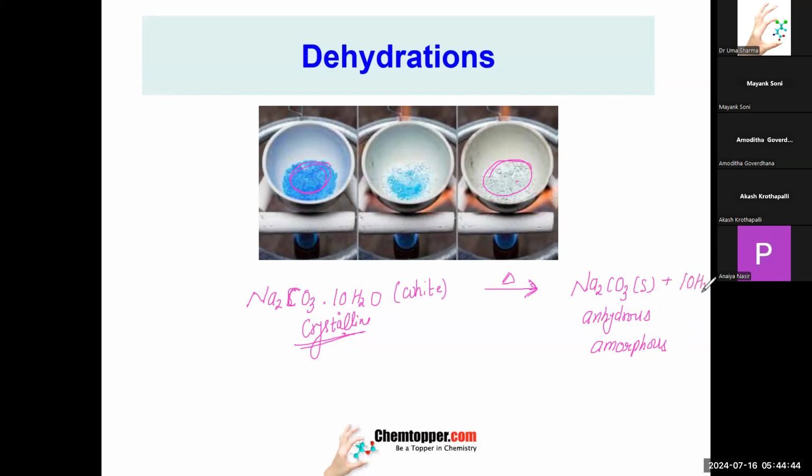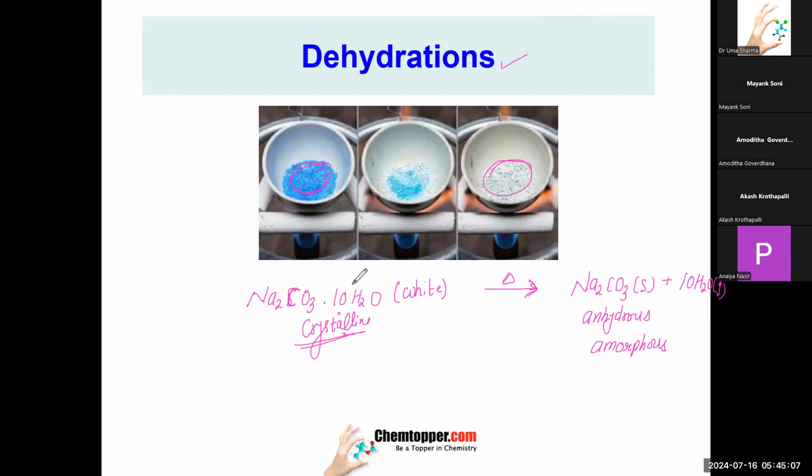Evaporated as gas. What is this process called? Yes, dehydration. Is it a physical change or chemical change? It's a physical change, no change in chemical composition.